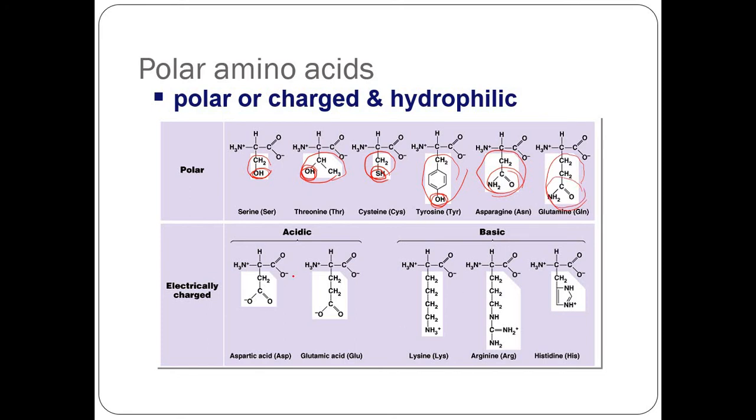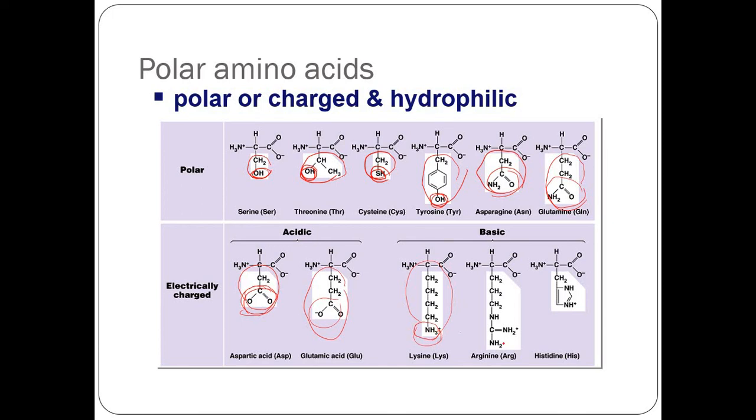Then we have electrically charged. These are aspartic acid, where the carboxyl group makes it polar, and then glutamic acid. These are acidic. Electrically charged can either be acidic or basic. So we have lysine, which is a basic amino acid.